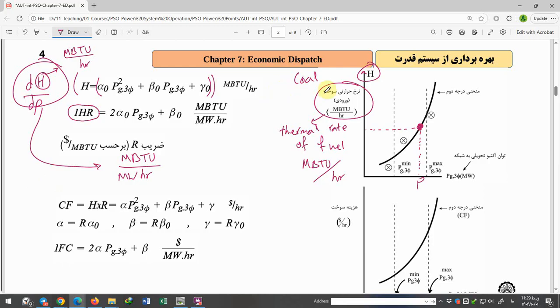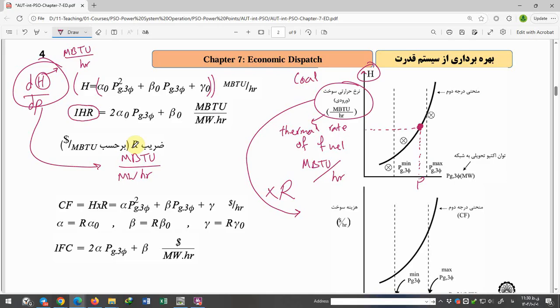If you multiply the megaBTU per hour on the vertical axis by a parameter called R, the multiplier R is dollar per megaBTU.